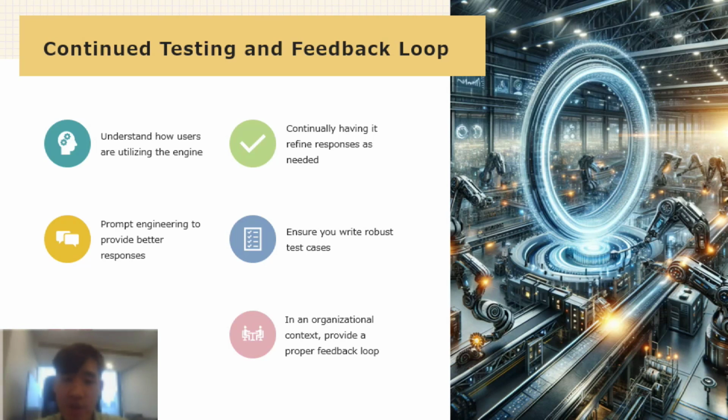And ensure you write robust test cases. I feel this is something that a lot of organizations still don't take enough account of. It is very, very important, especially when you're looking into automating your workloads with AI, to be able to write these kinds of test cases to catch different errors that may occur during the pipeline.